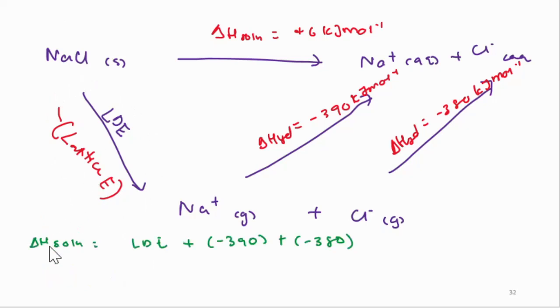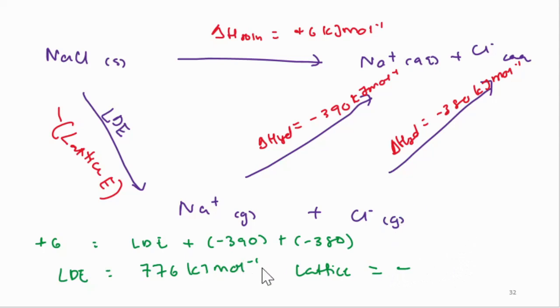So your enthalpy of solution boleh ganti with positive 6, and then you rearrange to find lattice dissociation enthalpy. So you will get 776 kJ per mole. So untuk lattice energy, it is the negative value tu lah, negative 776 kJ per mole.